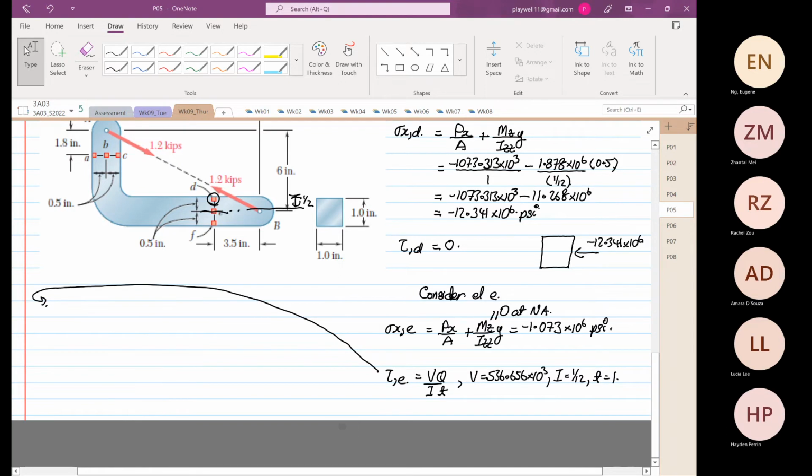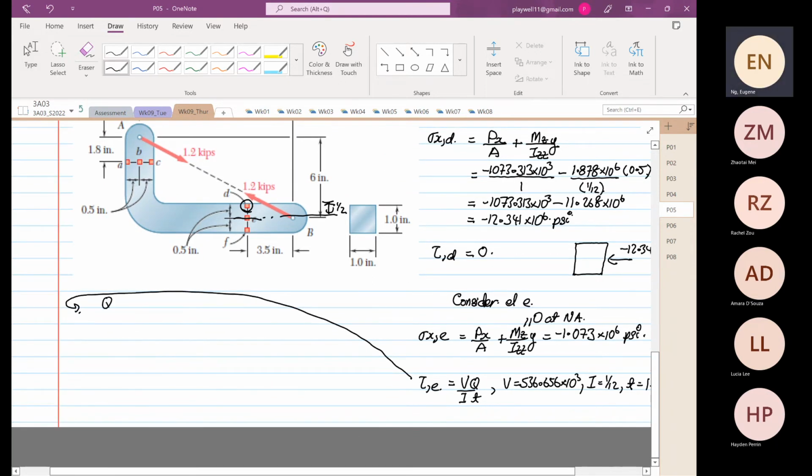So Q is equal to A y bar, the area. It's just the top half. If we look at the cross section, we only need to consider this area over here. So the width is 1, the depth is 0.5, and the y bar is half multiplied by half.